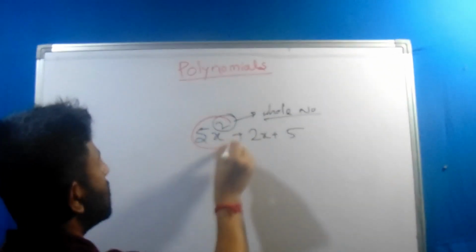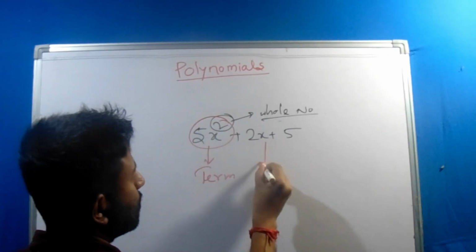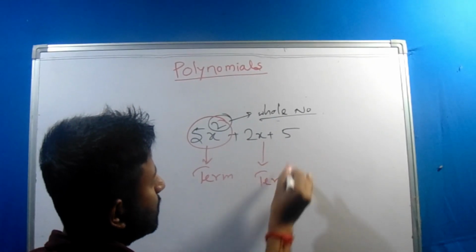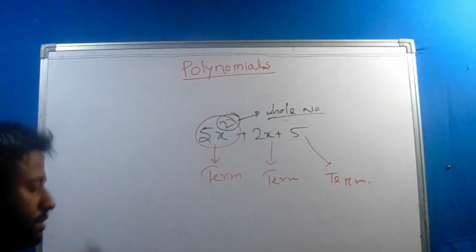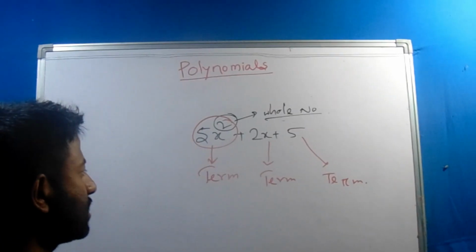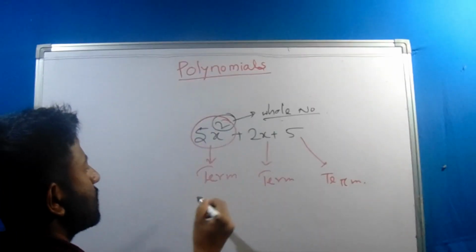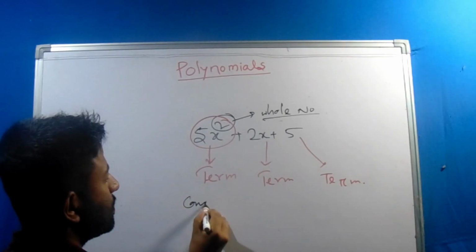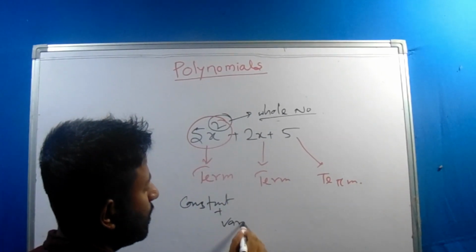Okay. Now while writing a polynomial, this one term, this whole thing is known as a term. This is also another term. This is also another term. So what does a term consist of? A term consists of a constant part and a variable part. A constant plus one variable.